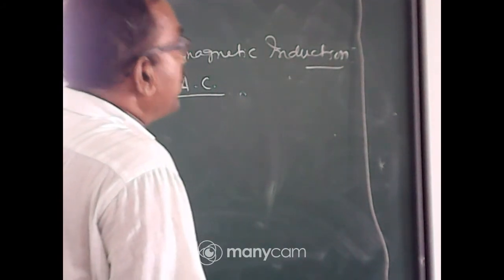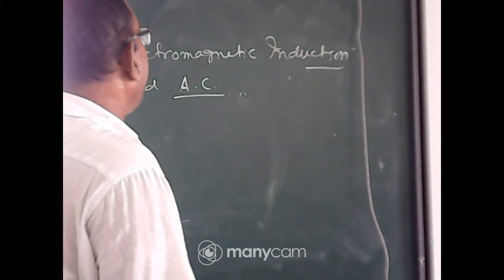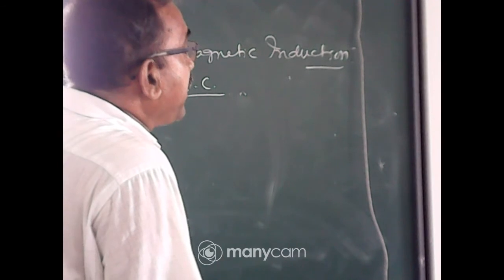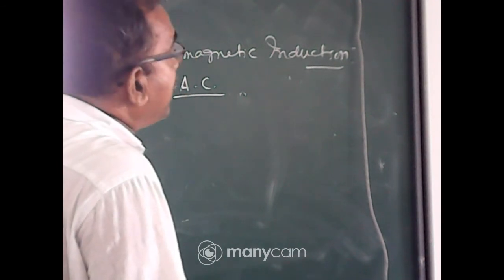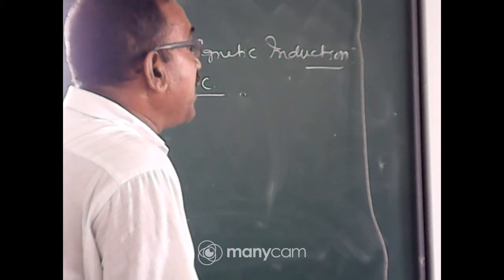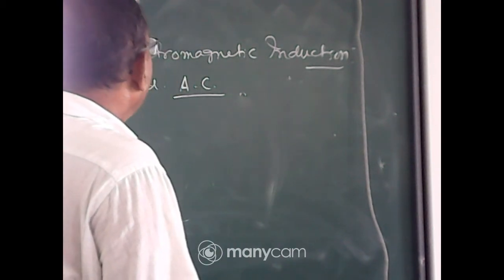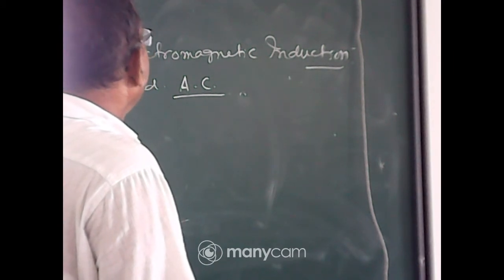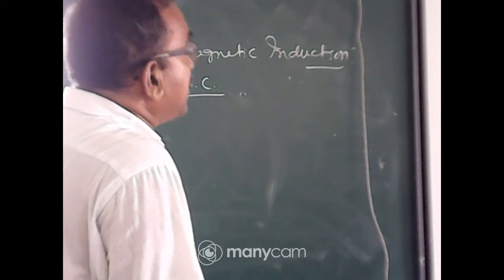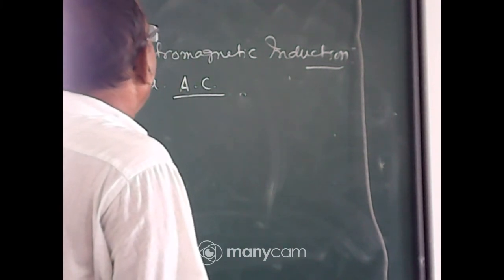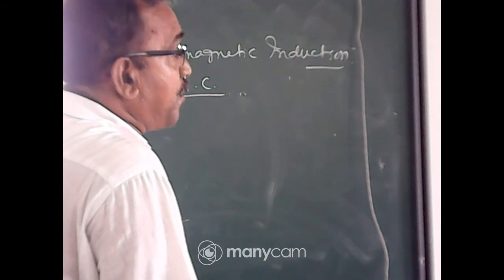Motional electromotive force means if the area moves in a magnetic field, it creates some current, and due to the current, it creates some electromotive force. So, my dear student, you check it. The electromagnetic induction, that means the Faraday's laws of electromagnetic induction, completed.